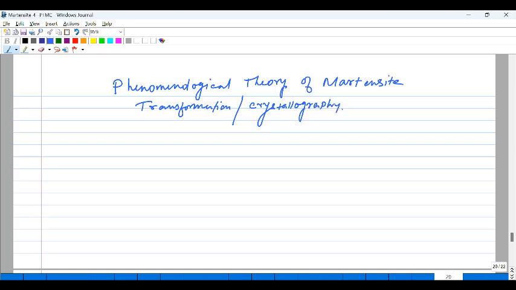So this was proposed in 1953 by Wechsler, Lieberman, and Read, and parallelly by Bowles and Mackenzie.